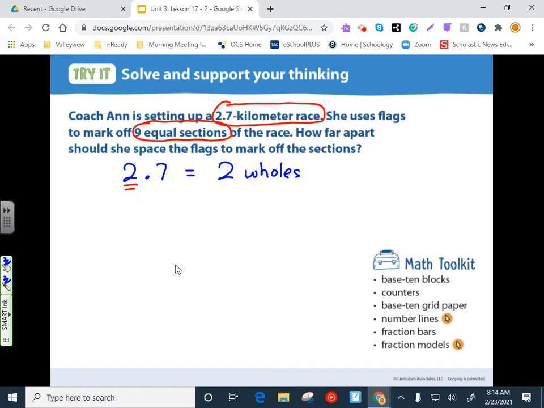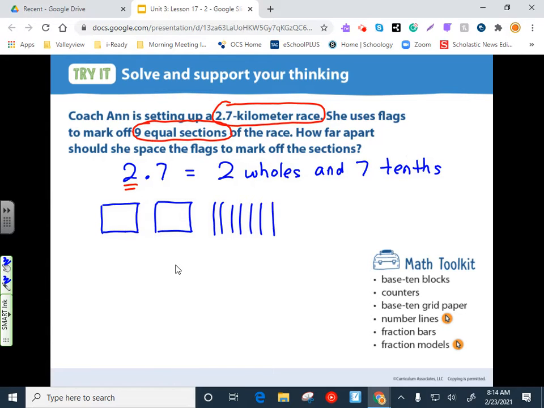And then that 0.7 is 7/10. Another way to do this, we can draw it. That's 1 whole. This is 2 wholes. And this is 1, 2, 3, 4, 5, 6, 7. That's your 7/10. So kind of writing it out, and I've got a visual for you.